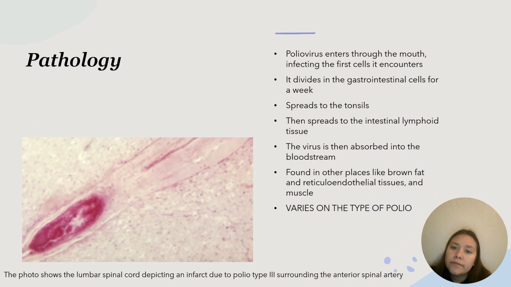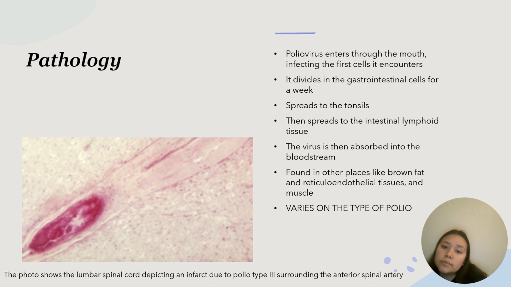Pathology. Poliovirus enters through the mouth, infecting the first cells it encounters. This includes the pharynx, which is just in your throat, and then the intestinal mucosa. It divides in the gastrointestinal cells for a week and then spreads to the tonsils. The tonsils include the M cells of the Peyer's patches and the deep cervical and lumbar lymph nodes.